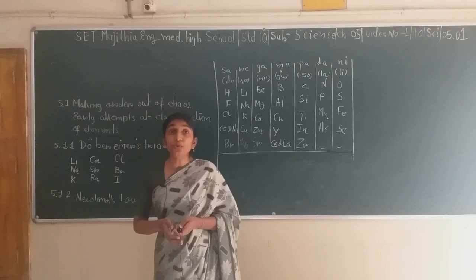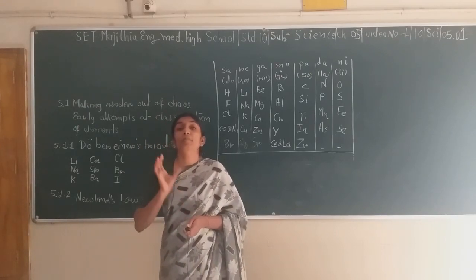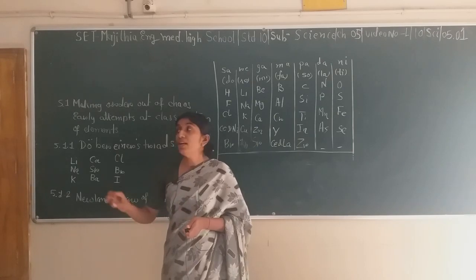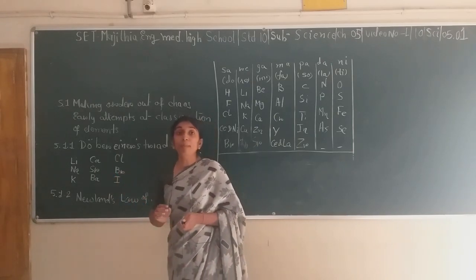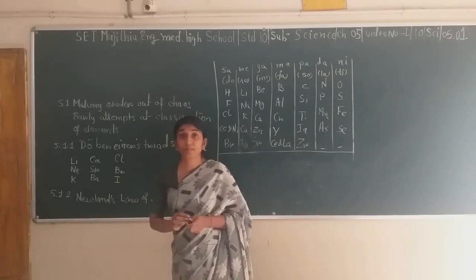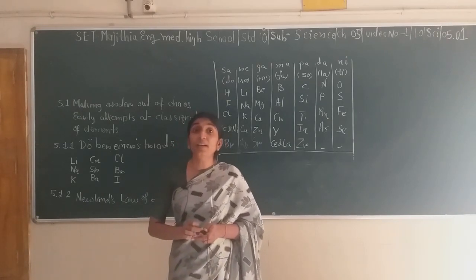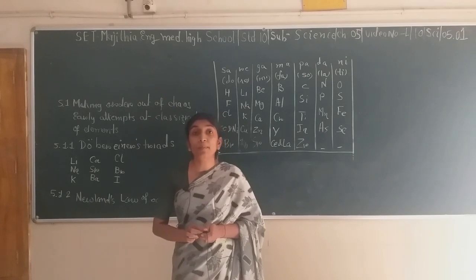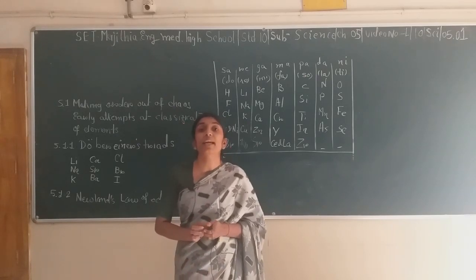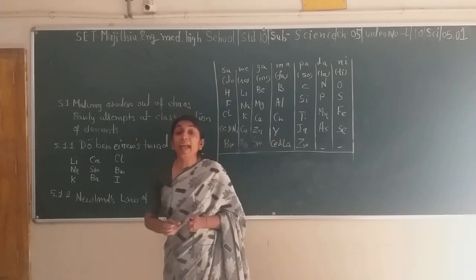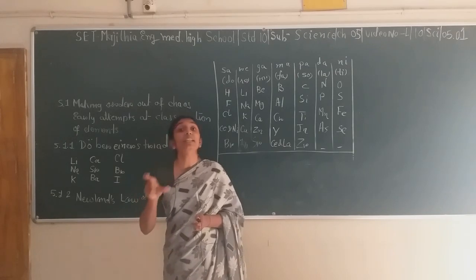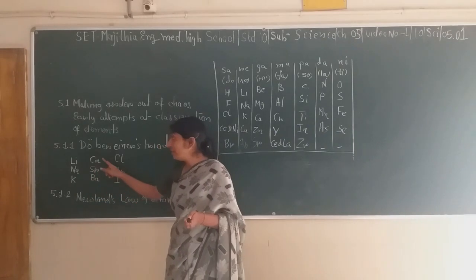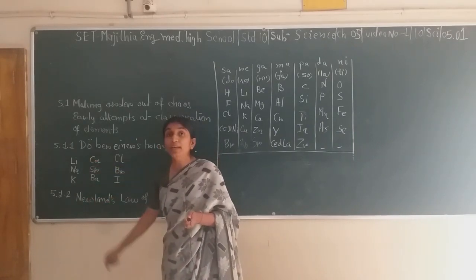He was able to find a group made up of 3 members, later on known as triads. Doberaner's triad. In this particular group, take the first element's atomic mass and the third element's atomic mass.